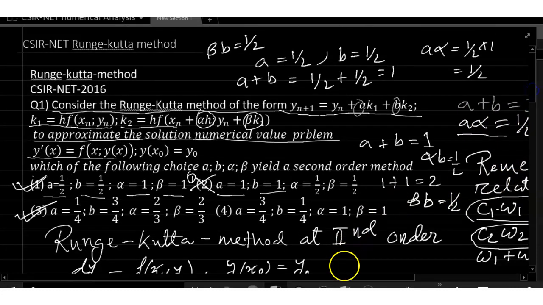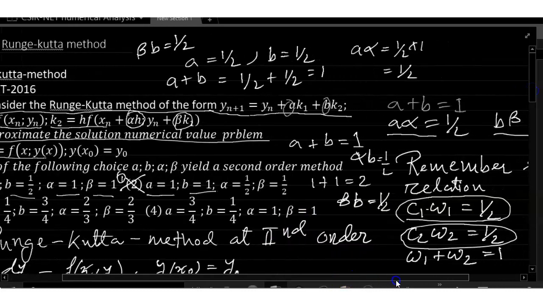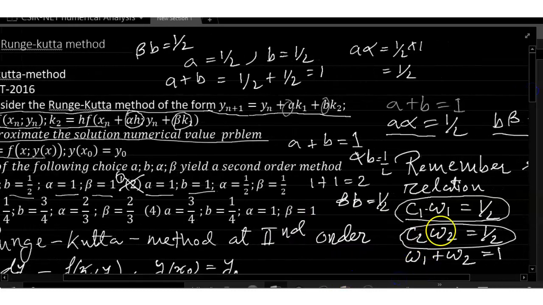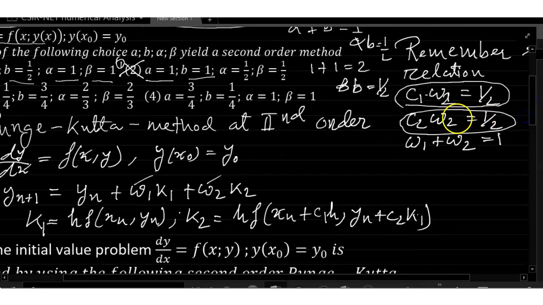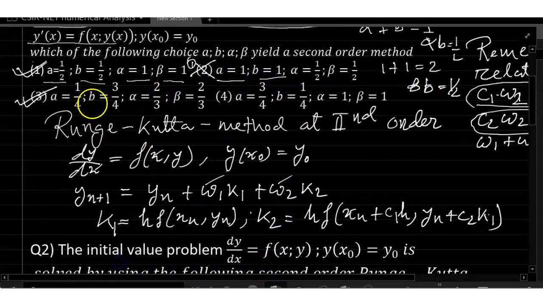So according to my formula, c1 w2 equals half and c2 w2 equals half.